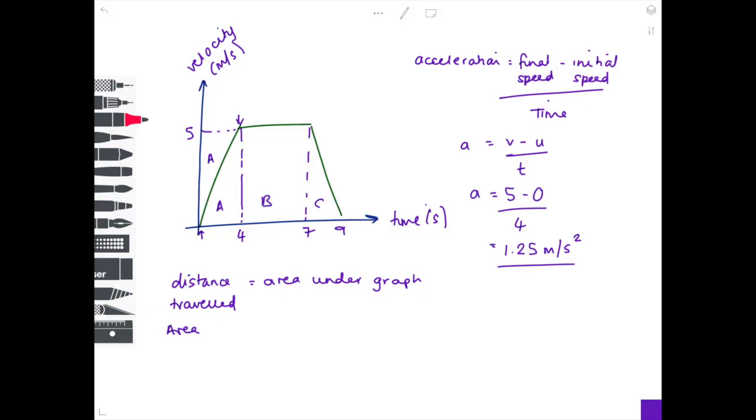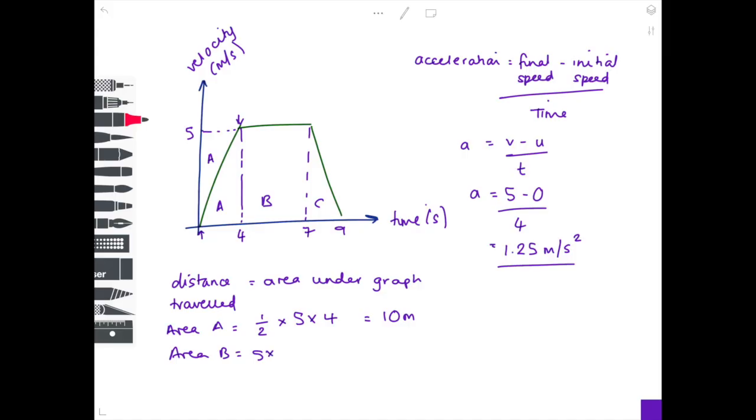So area A is given by this formula. Well, it's a triangle, so I need to put in a half immediately. Times it by the height of the triangle, which is 5. Times it by its width. Do the calculation, and that will therefore be 10 meters. Area B is more straightforward, it's just a rectangle, so just make sure you're reading the correct lengths.